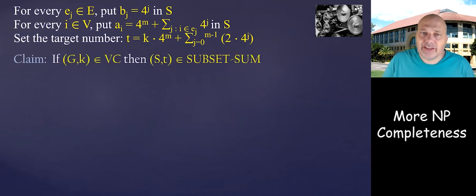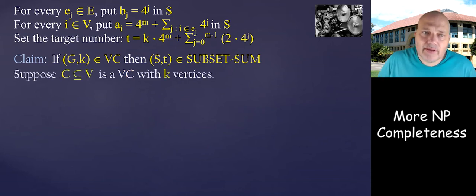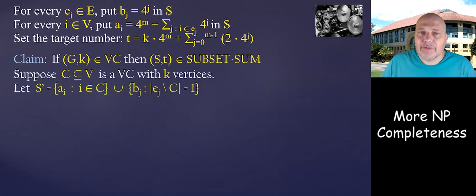If G,k is in vertex cover, then S,T is in subset sum. So suppose C is a vertex cover. I'm going to take the vertex numbers that correspond to vertices in the vertex cover.